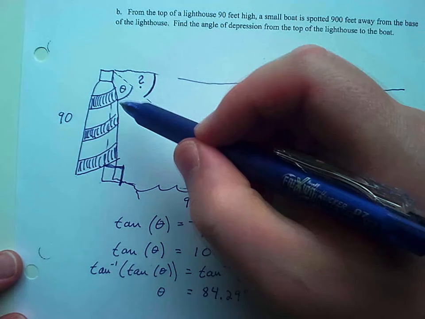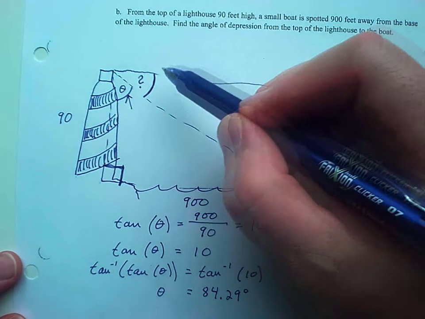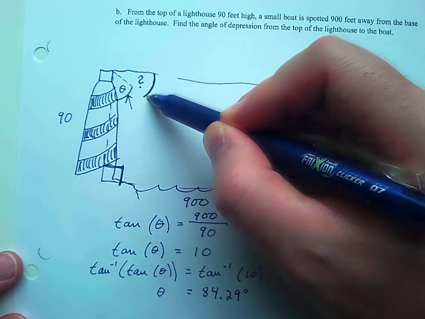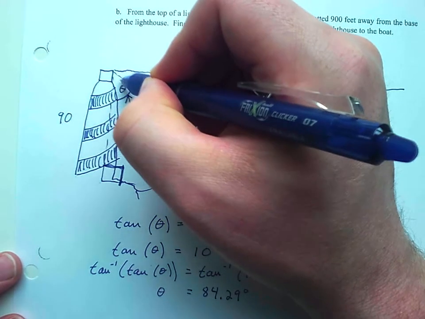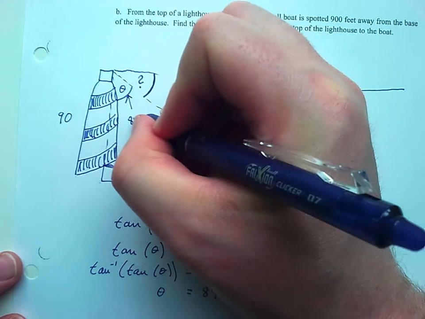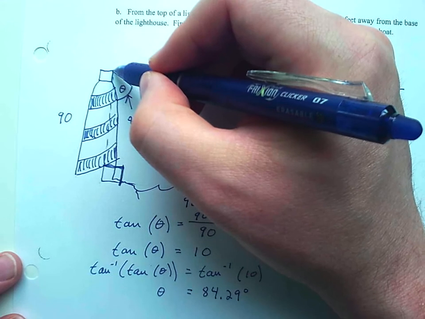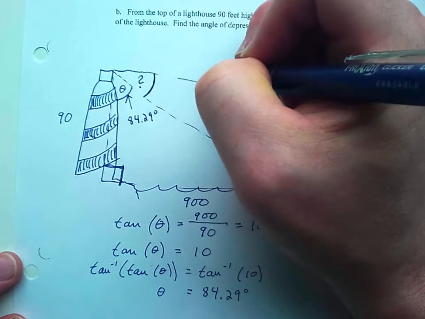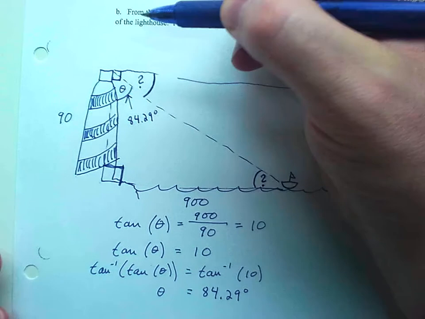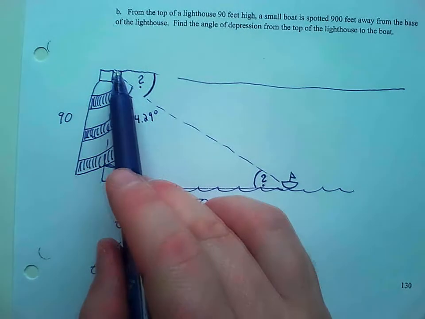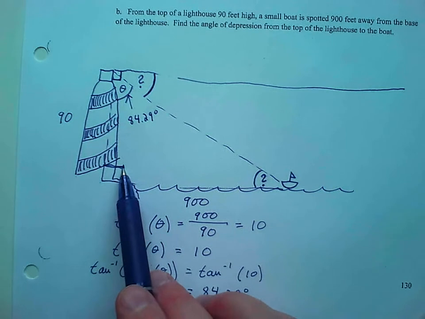But keep in mind here that this theta that I solved for is this right here. Again, that's not our angle of depression. Our angle of depression is this right here. So if I call this right here theta, and this is 84.29 degrees, and our angle of depression is from the horizontal to this, if I make this right here into a 90-degree angle, so that this is in fact horizontal, right?